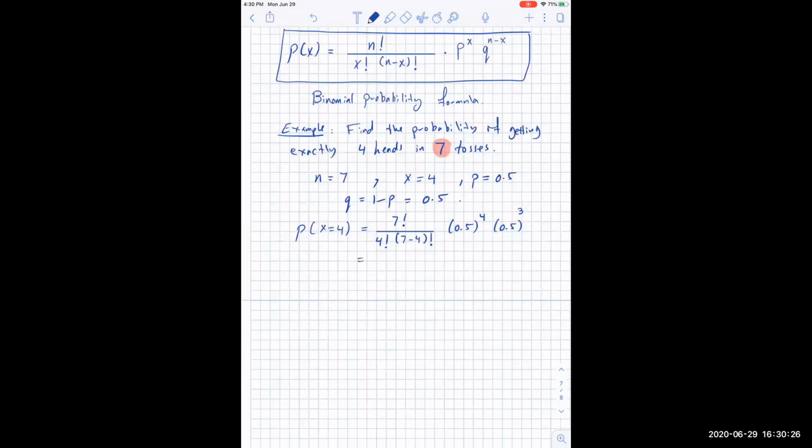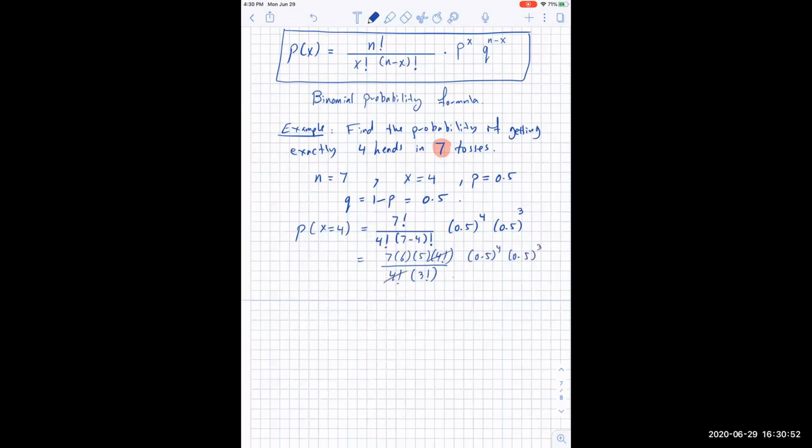So 7 factorial, that's 7 times 6 times 5 times 4 factorial over 4 factorial times 3 factorial. And then 0.5 to the fourth, 0.5 to the third.